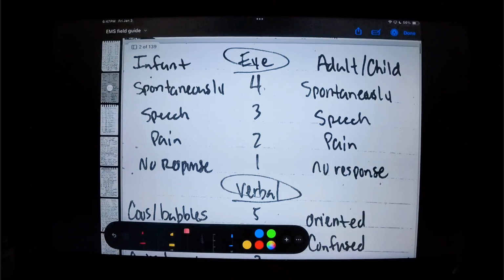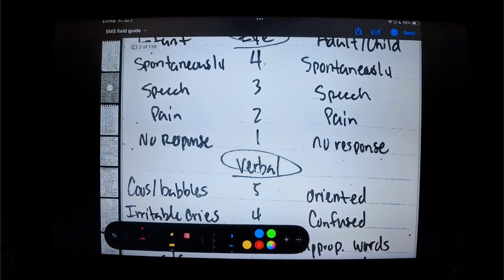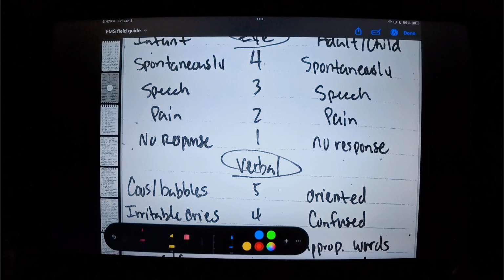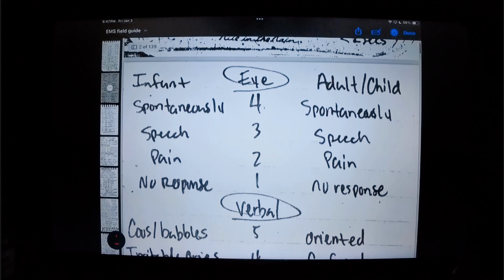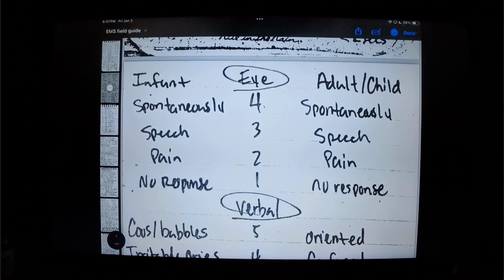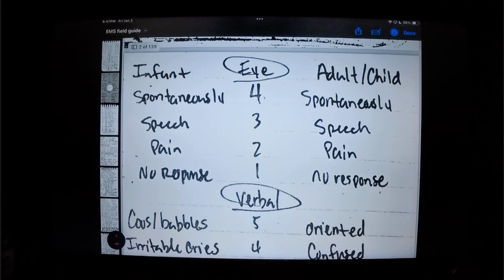Okay, so GCS. Here we go. GCS, which may be familiar to you guys. This is for students, or rookies. You seasoned folks should already know this, but let this be a reminder. Remember level of responsiveness, where we use AVPU: alert, verbal, pain, unresponsive.